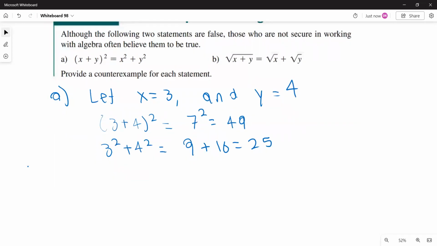For part B, now we're going to let x be 9 and y be 16. The left-hand side is the square root of 9 plus 16.